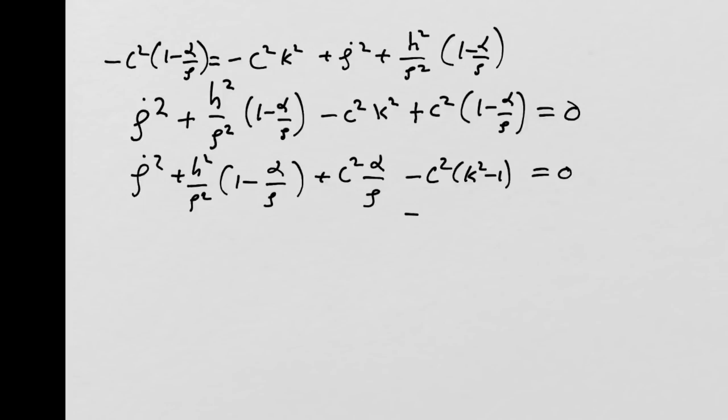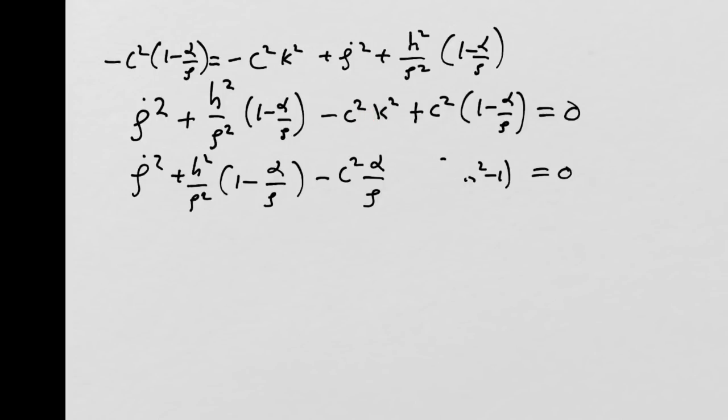Now if that's a plus sign, then this c squared becomes a minus sign, like that, and then does that change anything else? And this becomes minus c squared kappa squared plus 1.